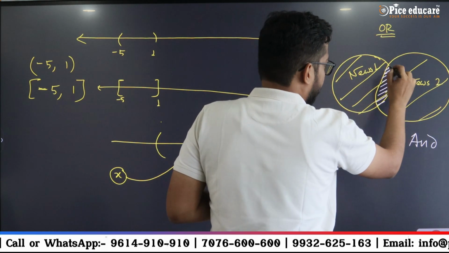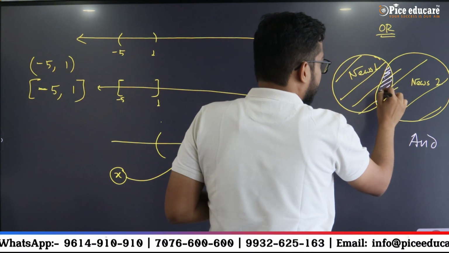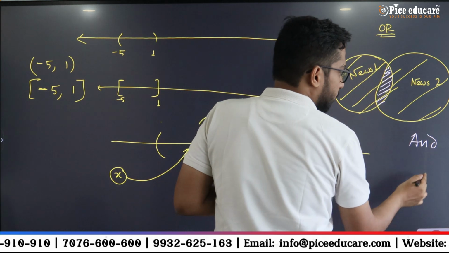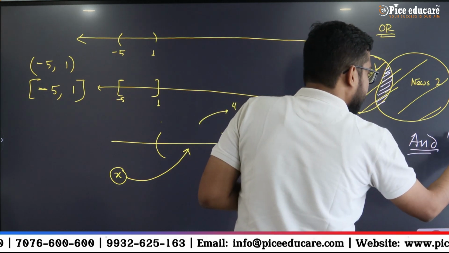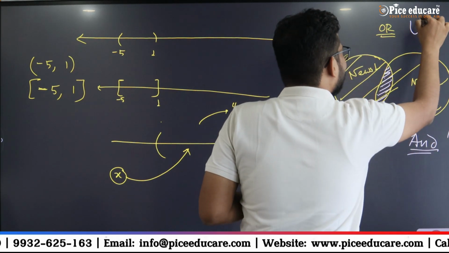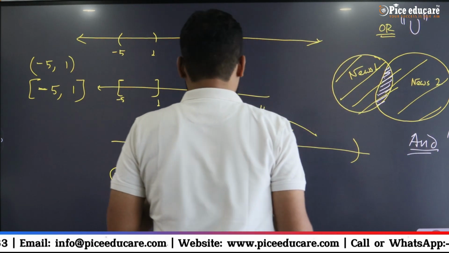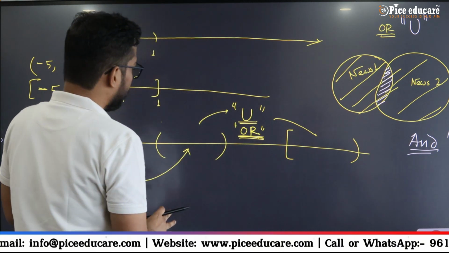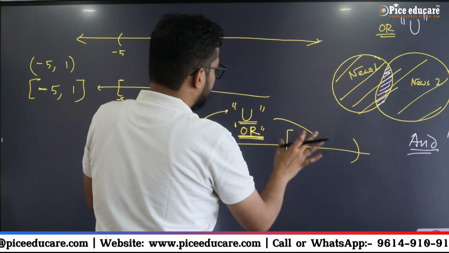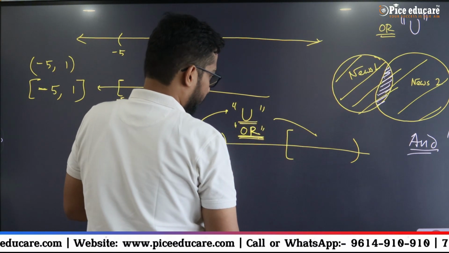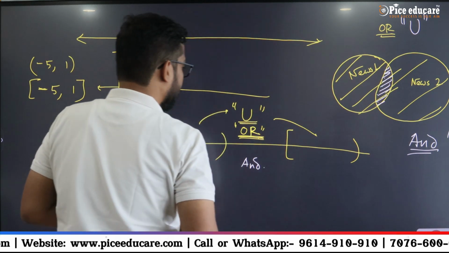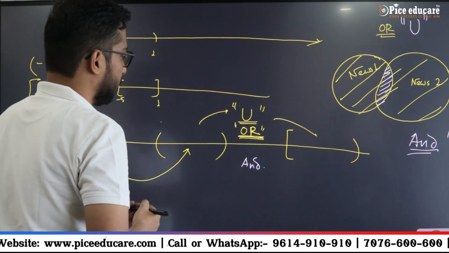So the people that belong here read both the newspapers. So intersection inherently means AND and union inherently means OR. If I am talking about this interval union this interval, there is an OR.